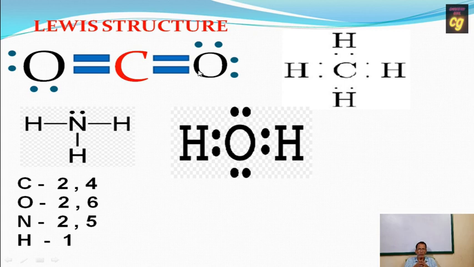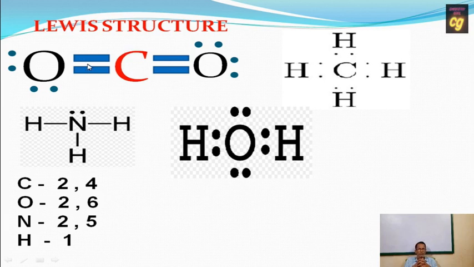So carbon contributes 4 electrons, forming 4 covalent bonds with 2 oxygen atoms: 2 bonds with one oxygen and another 2 bonds with the second oxygen. So there is one double bond between carbon and one oxygen, and another double bond between carbon and the other oxygen.